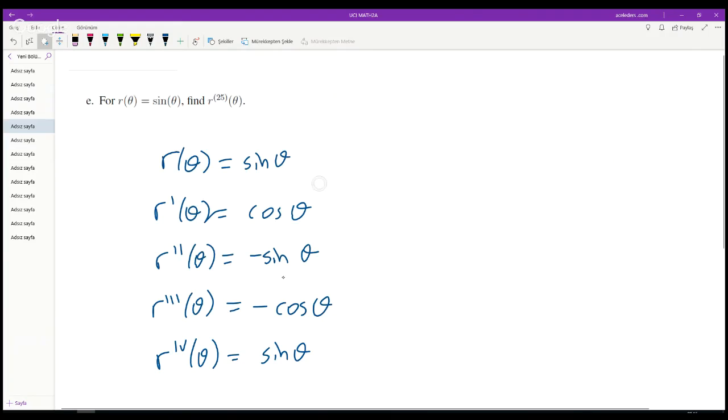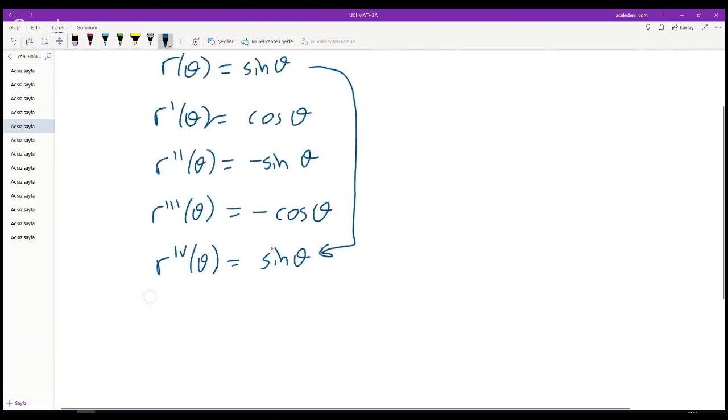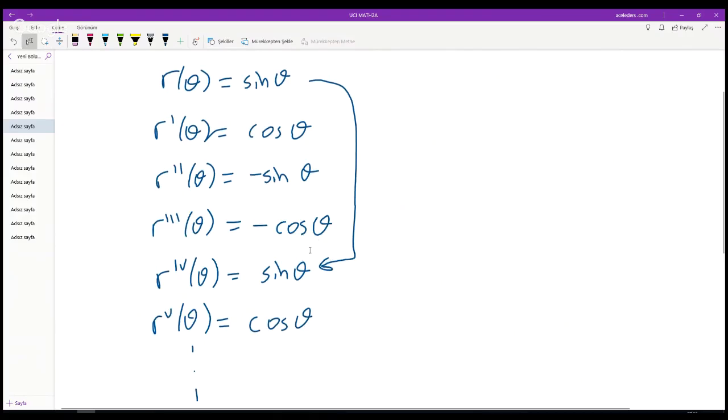Oh, so we have just completed a cycle, right? So the fifth derivative, as you can guess, is cos theta. So I will proceed with the other values of the cycle. Therefore, I have a cycle in every fourth derivative.